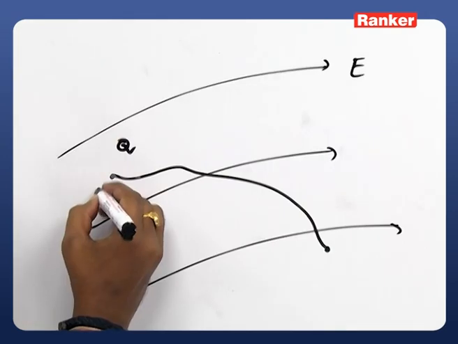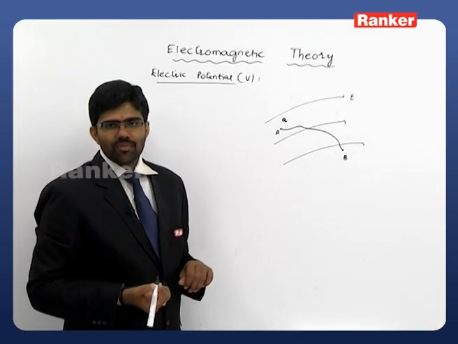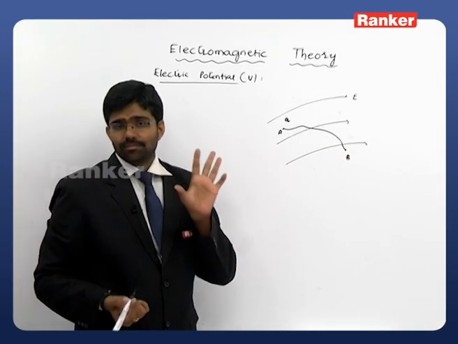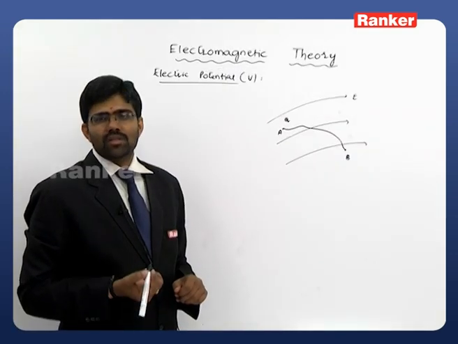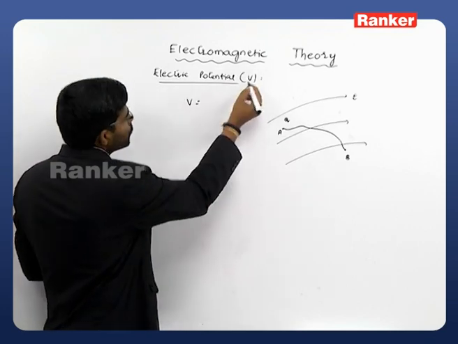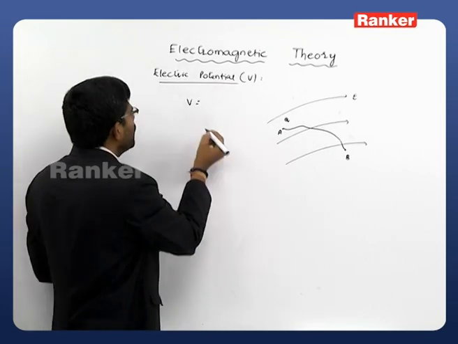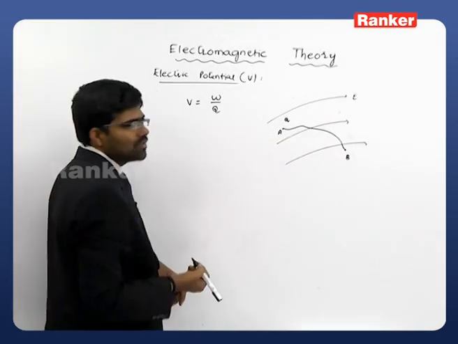Now let us take the initial position of this path as A and the final position of the path as B. So definitely some work done will be there, and the work done per charge will give us the potential. So simply as per the definition, V is equal to the total work done per charge.